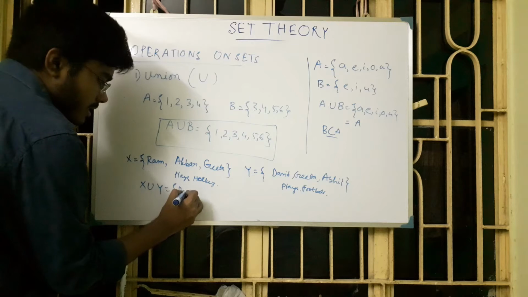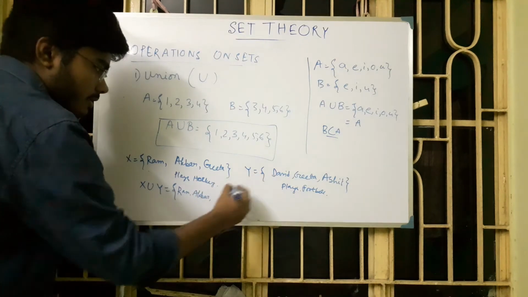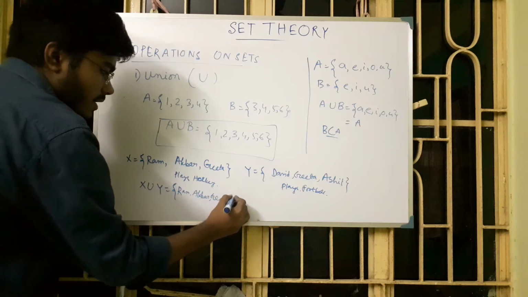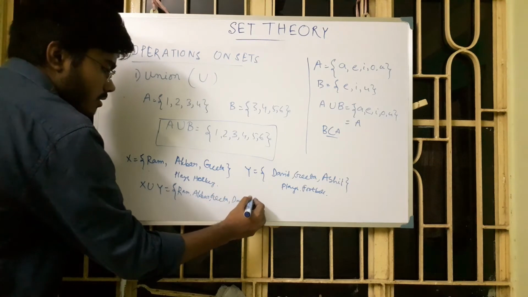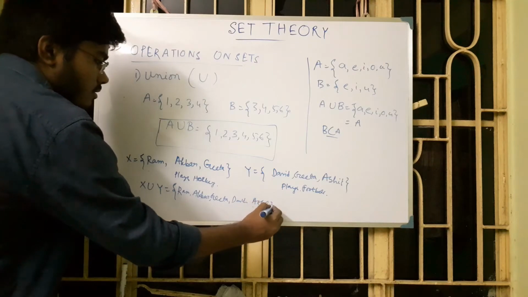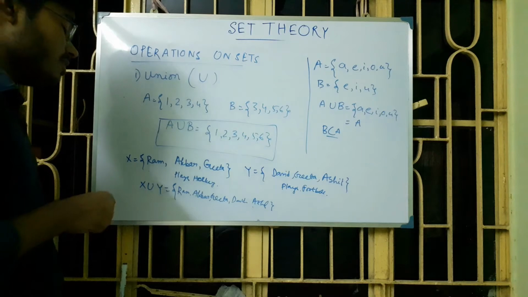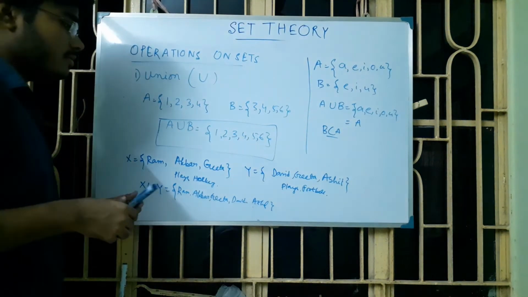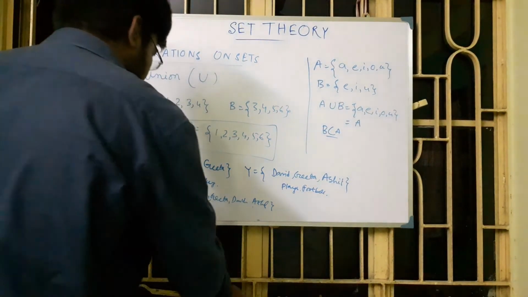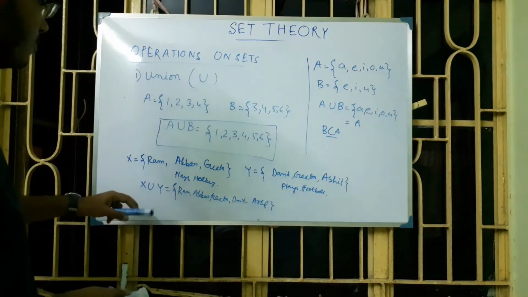Okay, that is Ram, Akbar, Gita, David, and Asif. These five people are in sports. Okay, so this is the concept of union.